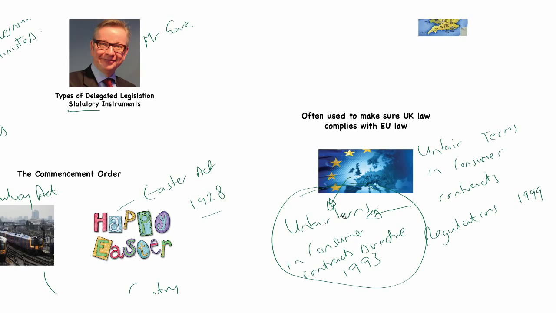Well, Parliament doesn't have time to enact every single piece of EU law, so it is enacted through a statutory instrument. The statutory instrument in this case is the Unfair Terms in Consumer Contracts Regulations 1999, and that brings the Directive into UK law. So I hope that makes sense.